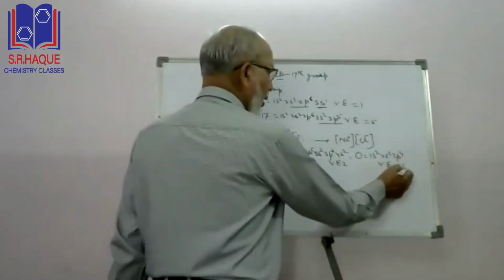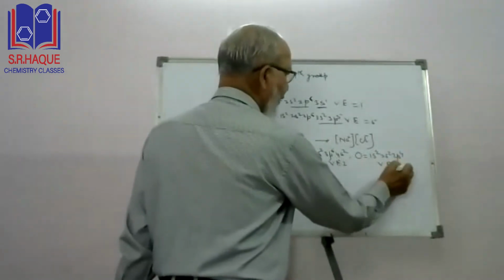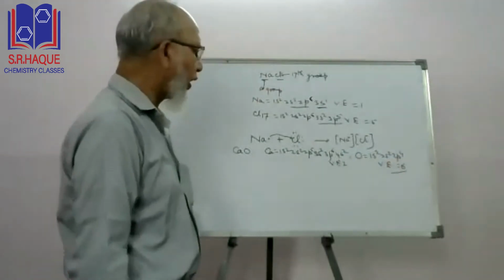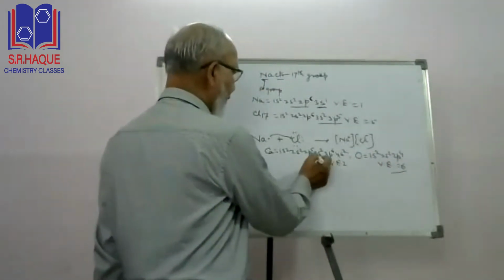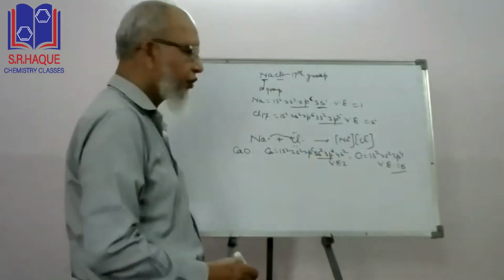So, if oxygen accepts 2 electrons, it will acquire stable electronic configuration, and if calcium loses 2 electrons, it will acquire stable inert gas configuration as 2p6.